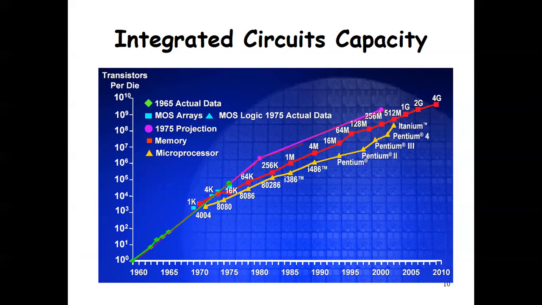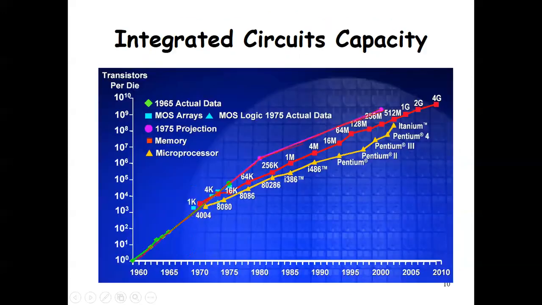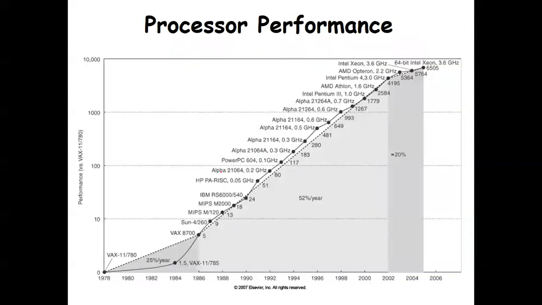So it's a projected plot of how the processor performance or memory capacity increases over a period of time. Again, this is also a plot of various different processors. This plot considers only Intel processors, whereas this includes all other processors also, such as PowerPC and IBM computers. So it shows how the performance of these computers was increasing over a period of time.